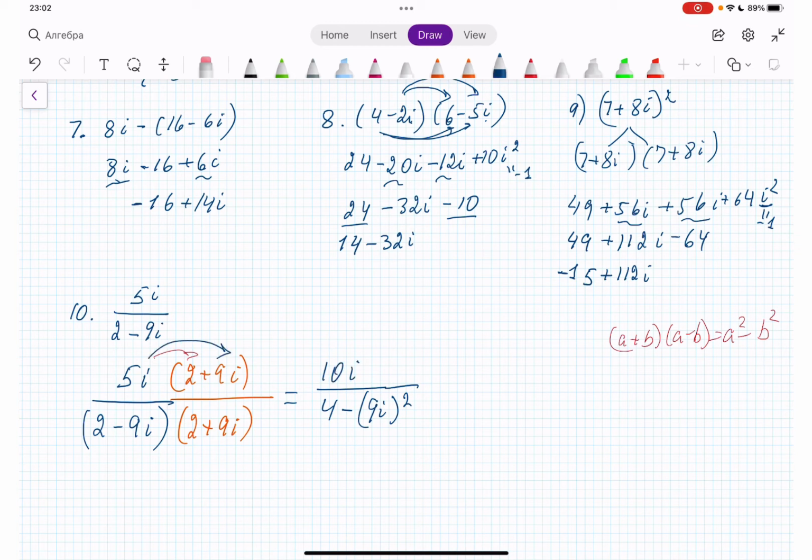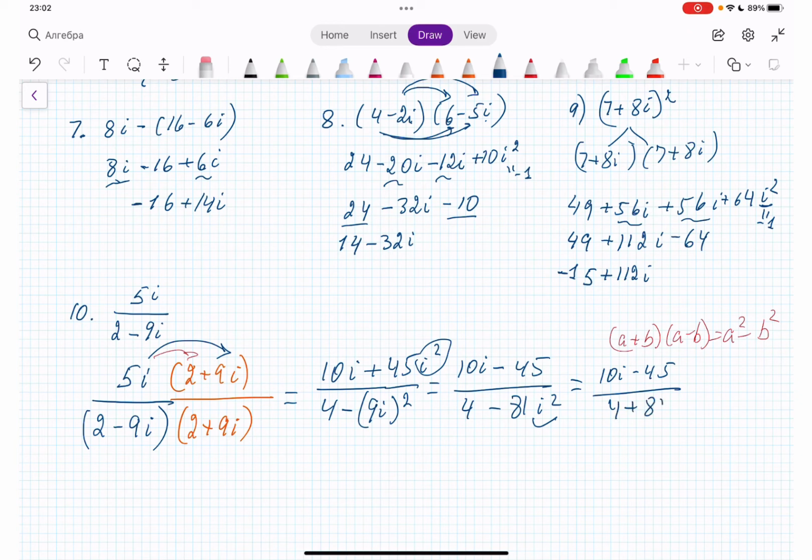Now, in the numerator, we need to multiply 5i times 2, it's going to be 10i. 5i times 9i is going to be plus 45, i times i, it's going to be i squared. I squared is negative 1, so it's going to be minus 45. And here we will get 4 minus 81 i squared, and since i squared is equal to negative 1, it will be 4 plus 81.